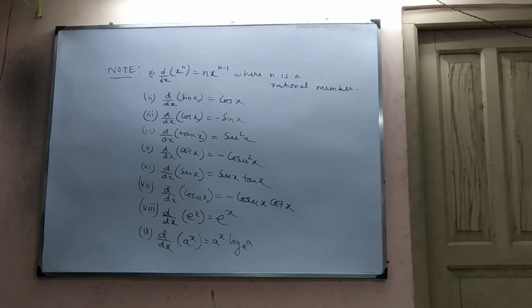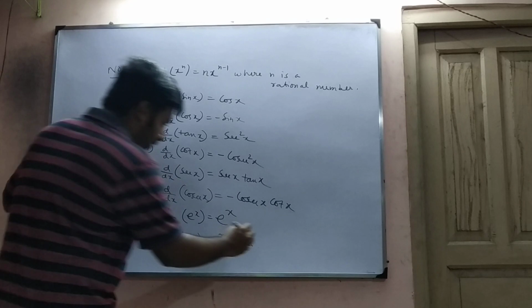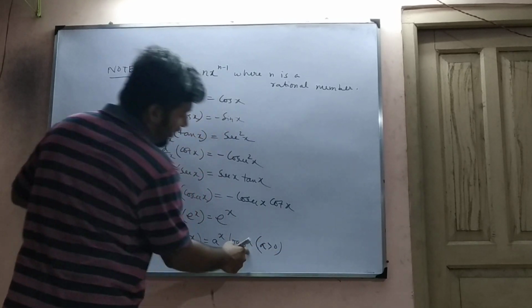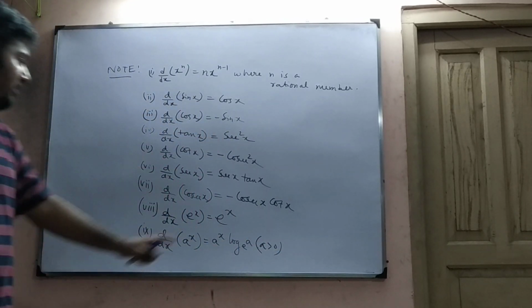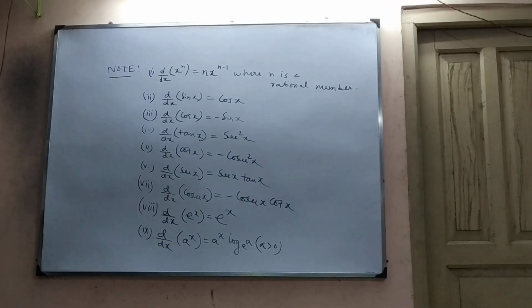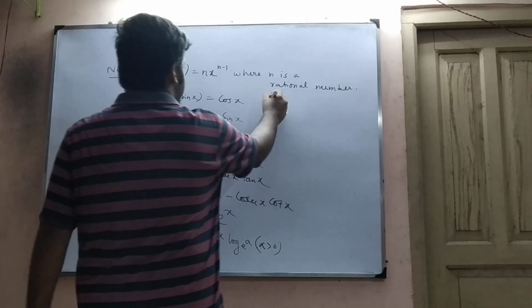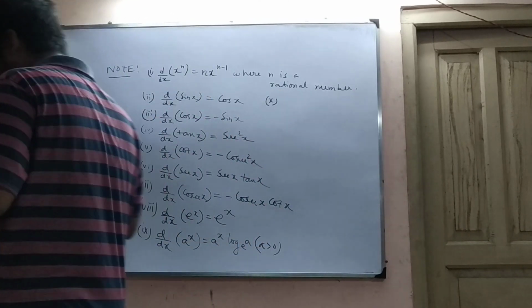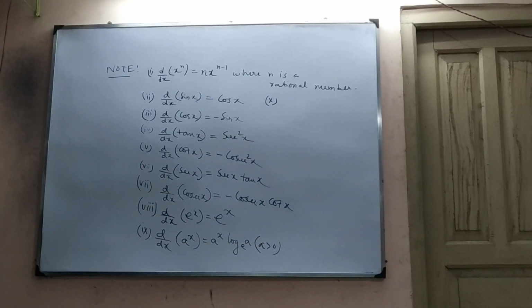A to the power x into log a to the base e, where a must be greater than 0, because if a equal to 0 or a less than 0, then log a is undefined. That's why it must be greater than 0. What is number 10? Number 10 is d/dx of log x.